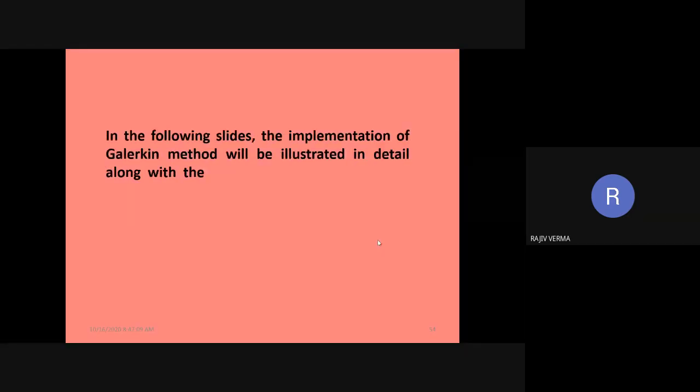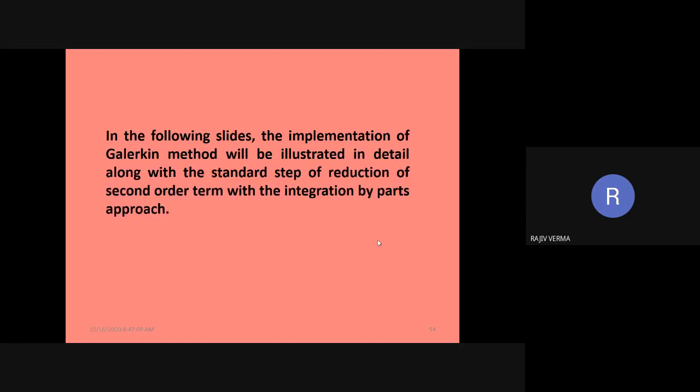We start from this point. In the following slides, the implementation of the Galerkin method will be illustrated in detail along with the standard step of reduction of the second order term with the help of the integration by parts approach.